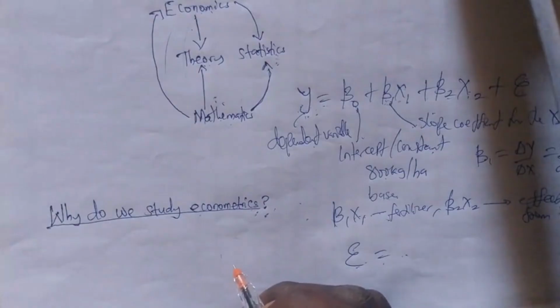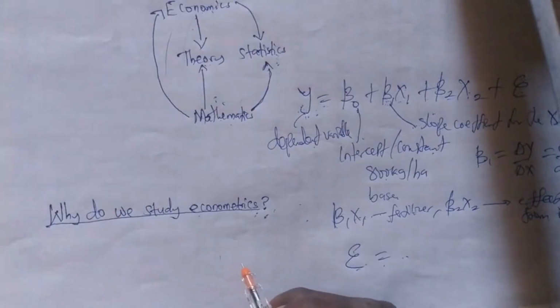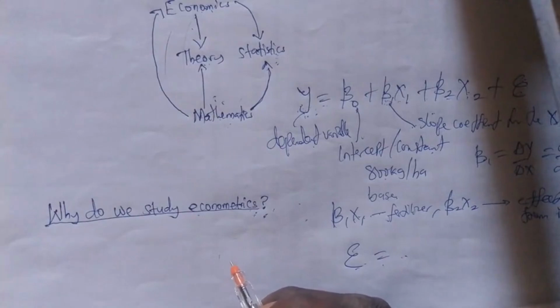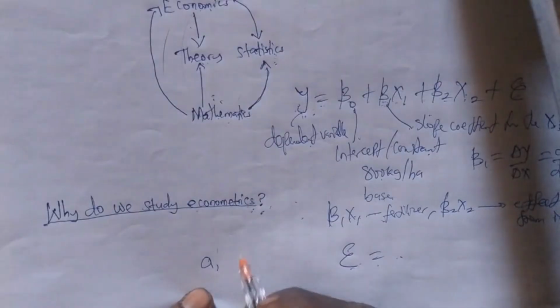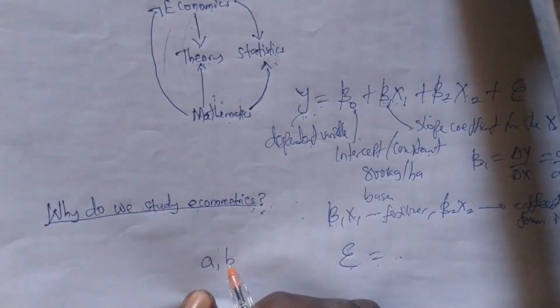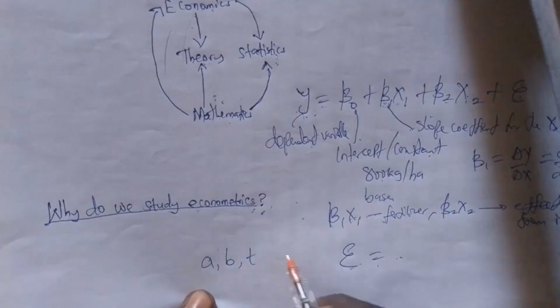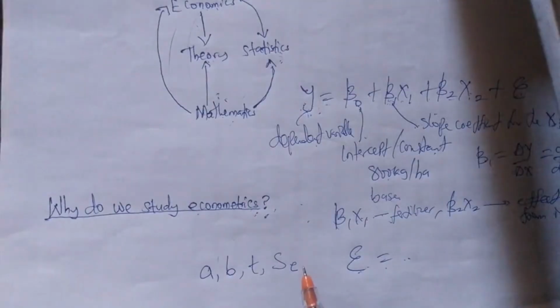The next video will be the explanation of the parameters of econometrics like the constant, B, T, standard error, and particularly on irrigation.